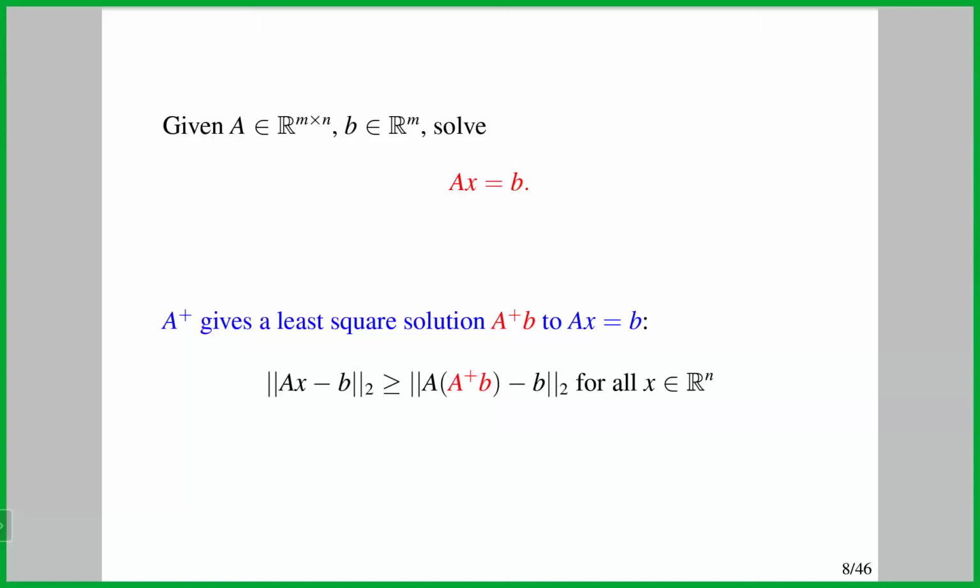And you know that's a least squares solution, or orthogonal projection, and that is given by A plus B. So A plus B is the Moore-Penrose inverse of A times B. Technically, that gives you the least Euclidean distance from B. So if you look at Ax minus B, you can see that A times A plus B minus B, its Euclidean 2-norm, is the smallest among all the Ax minus B norms. So A plus B gives you the least squares solution.